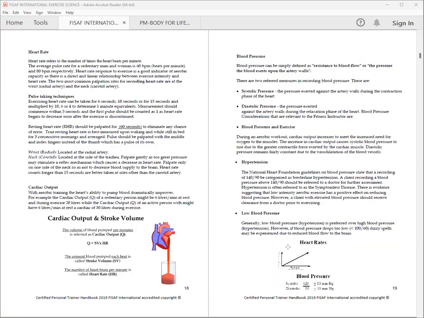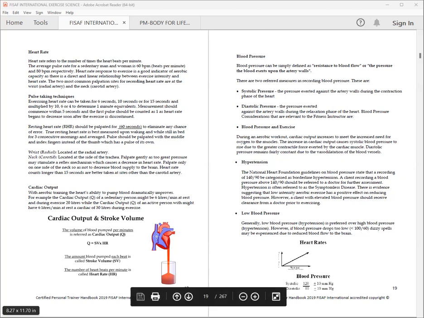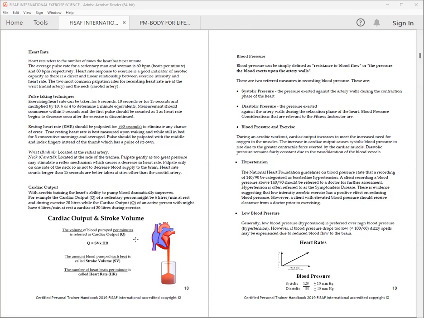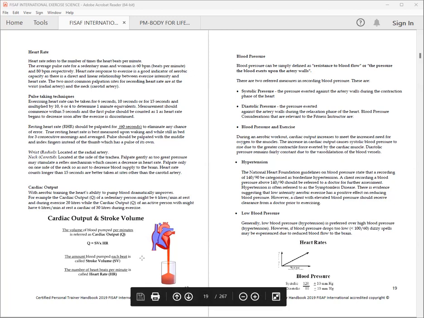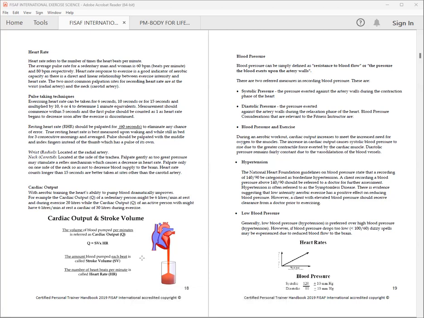Then we talked about the heart and the lungs. We talked about the heart rate and the blood pressure, and also the cardiac output and stroke volume. However, we will cover this again when it comes to cardiovascular programming, because this will change a lot when we are doing cardiovascular exercise. Normally at rest, it is about 6 liters for both fit and unfit people.